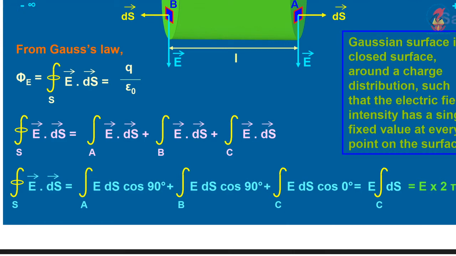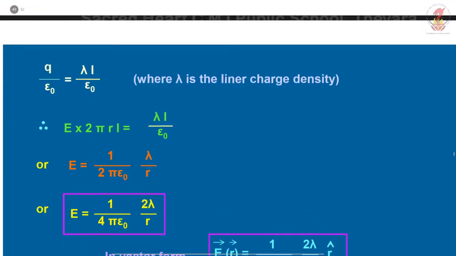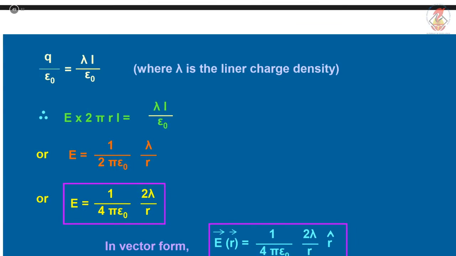Instead of q by epsilon 0, I can write lambda L by epsilon 0, and instead of integral E dot ds, I can write E into 2 pi RL. So substituting both of them, I will get E into 2 pi RL equal to lambda L by epsilon 0. From there, E can be found as lambda by 2 pi epsilon 0 R.